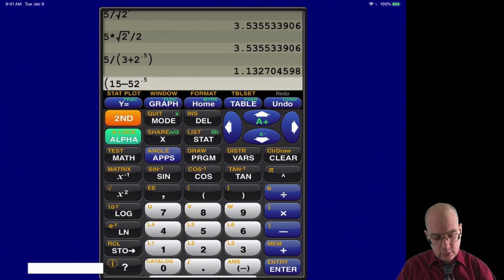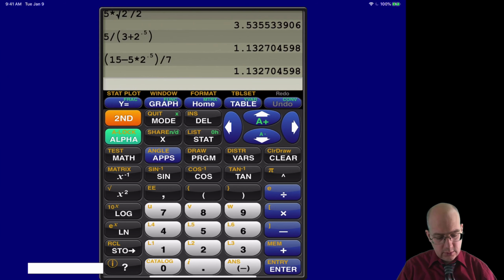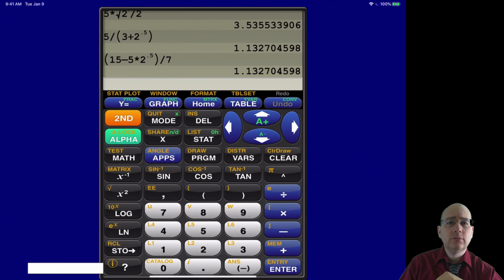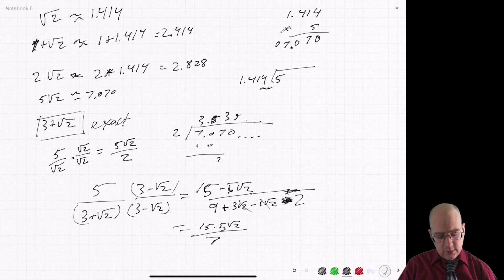Oops. Divided by 7. Beautiful. See? So those are some of the tricks of playing around with roots and numbers.